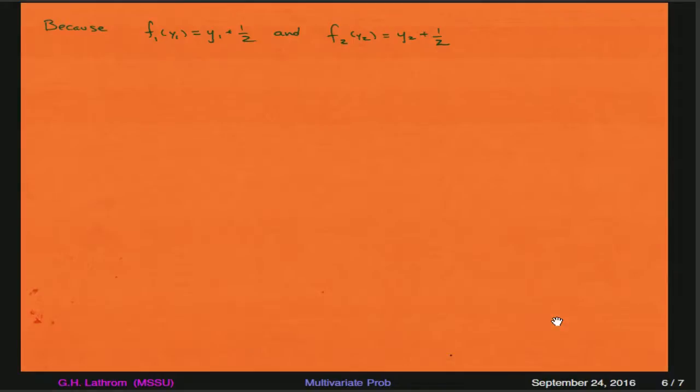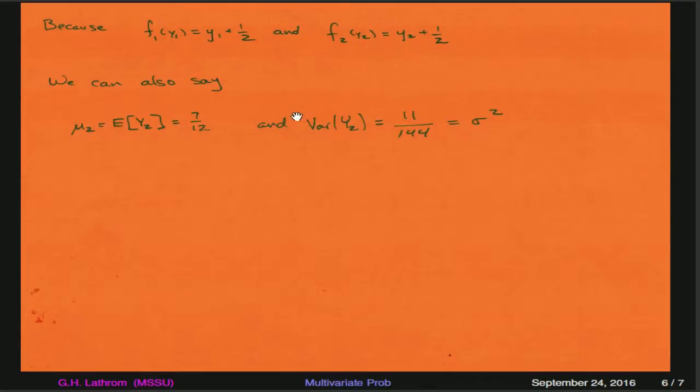Again, taking advantage of the symmetry between our marginal distributions, that f sub 1 of y sub 1 is pretty much of the same form as f sub 2 of y sub 2, we can say that the expected value for y sub 2 is going to be 7/12, and likewise the variance for y sub 2 is going to end up being 11 over 144.